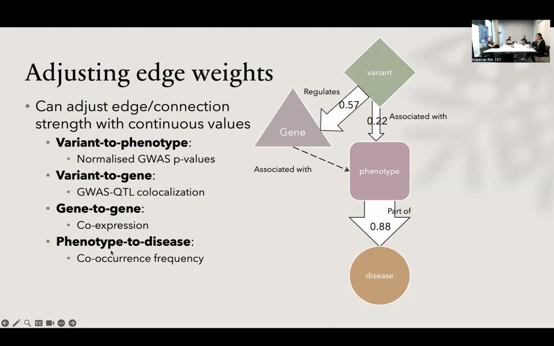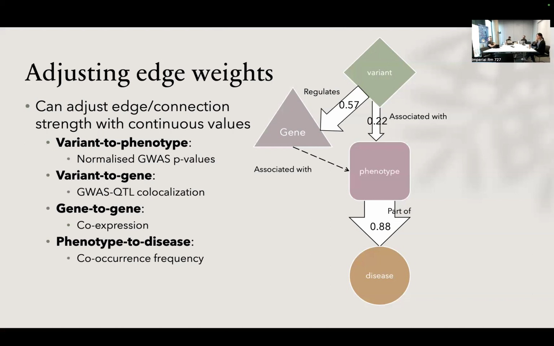And then you can also have a phenotype to disease, which might come from epidemiological data, or clinical diagnostic textbooks where we know that this phenotype is associated with the disease, and the frequency at which it's associated might be the connection weight between them.